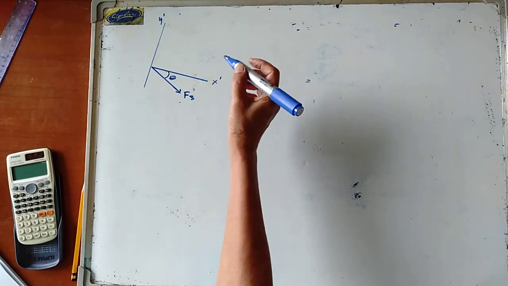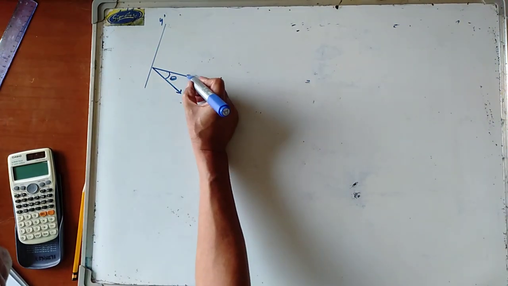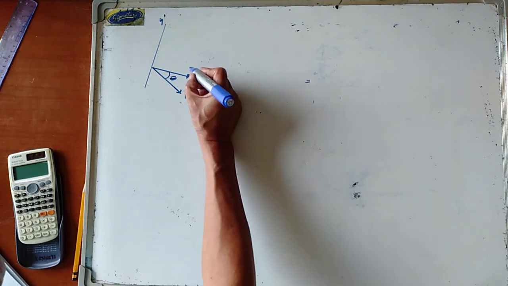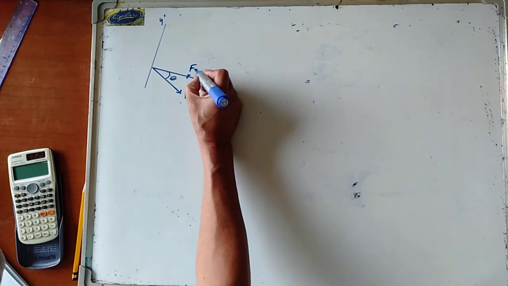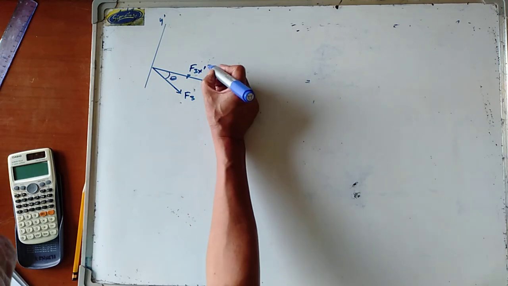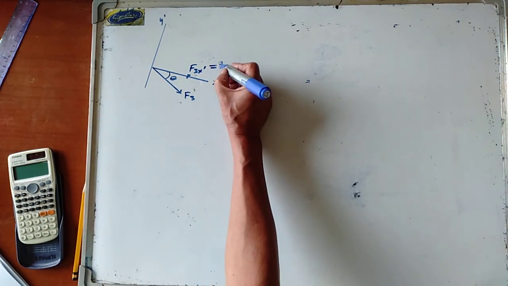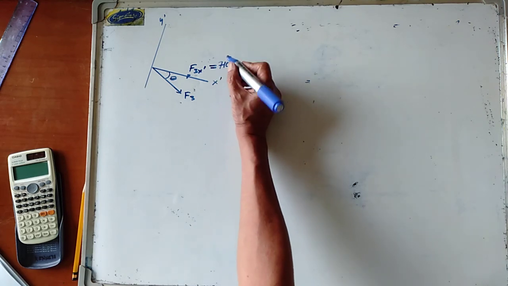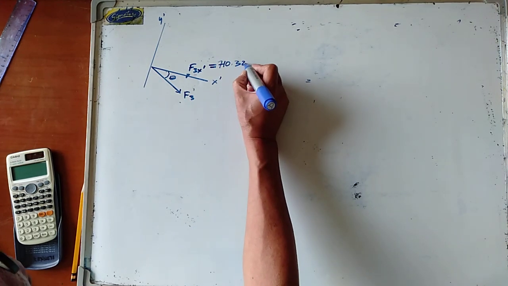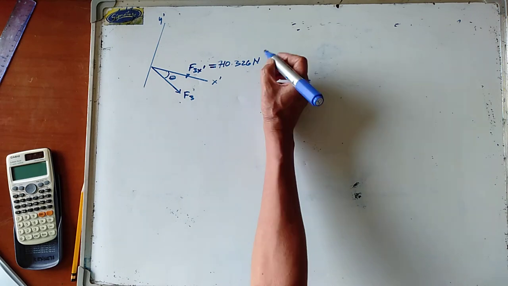Again, your F3x prime is equal to 710.326 newtons.